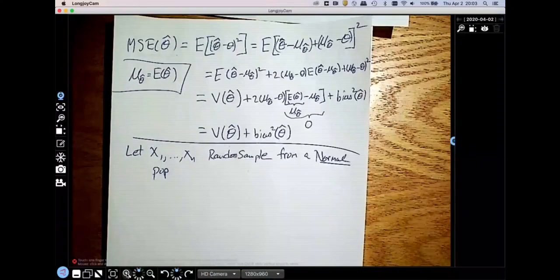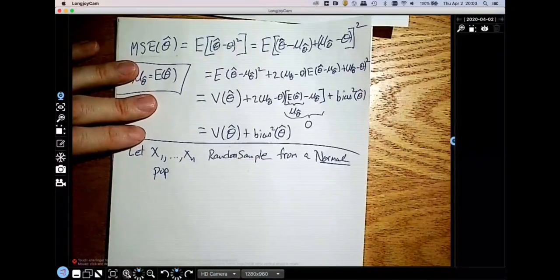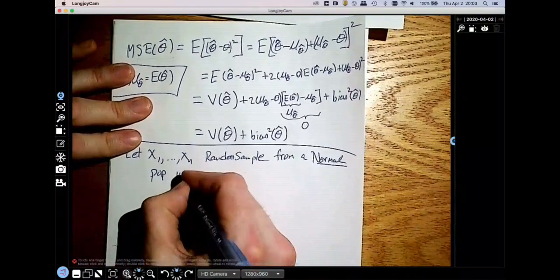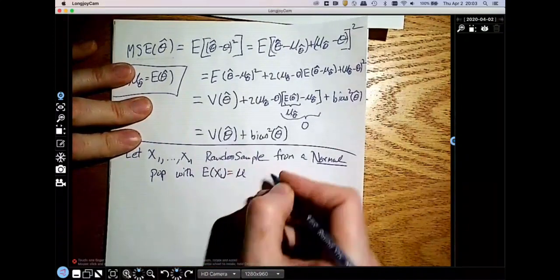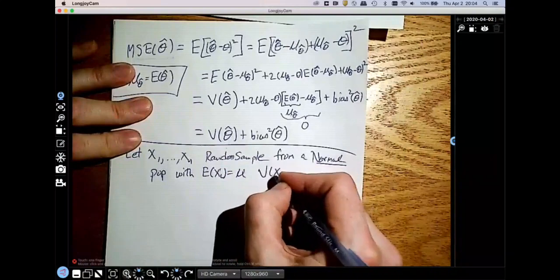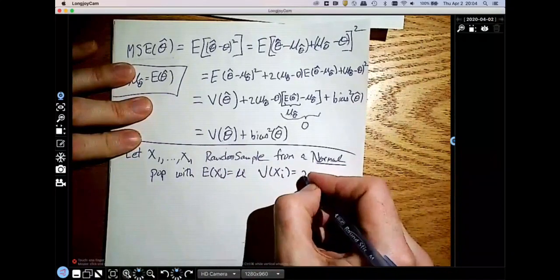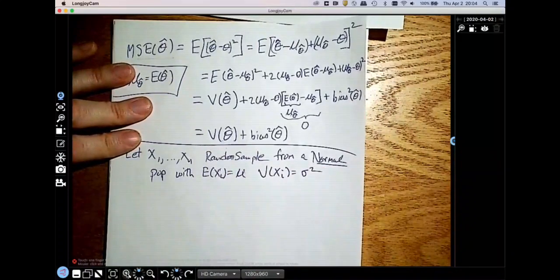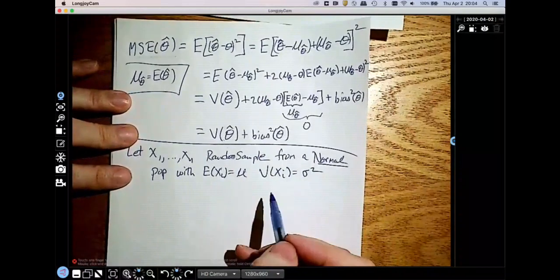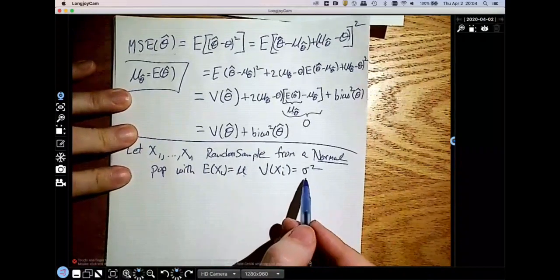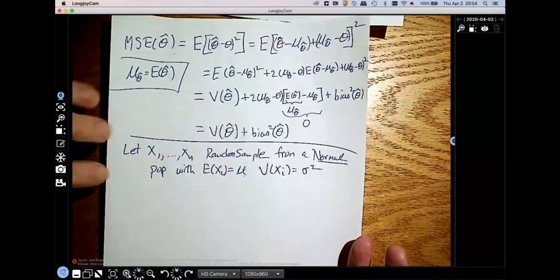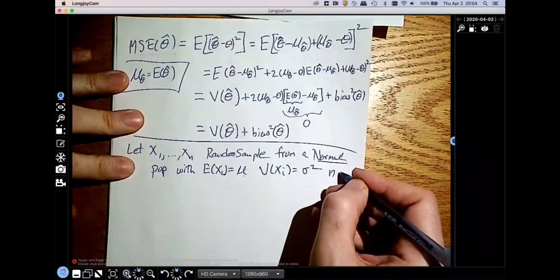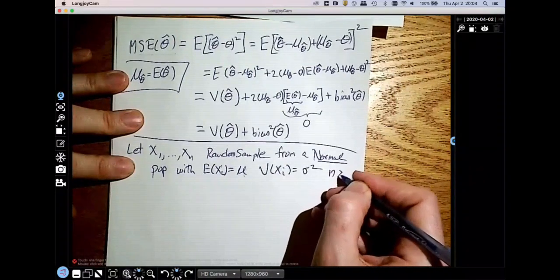So nothing I've done so far has assumed normality. Now I'm going to assume normality, with the expected value of xi equal to mu, the variance of xi equal to sigma squared. So we could say they're identically distributed. They all have the same mean, all have the same variance, all have the same shape of a distribution. I'm also going to assume that n is greater than 1.